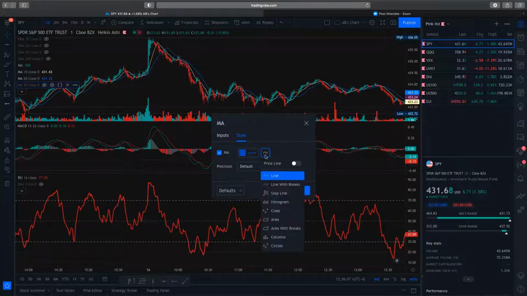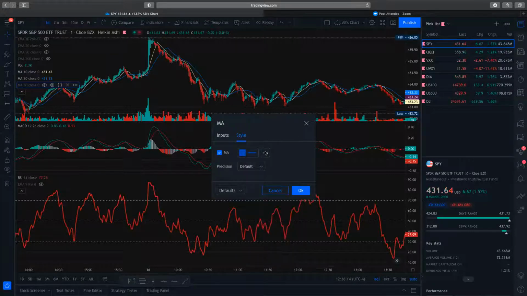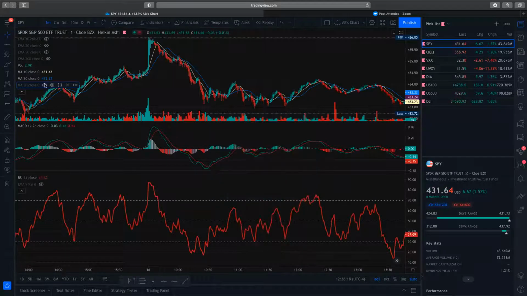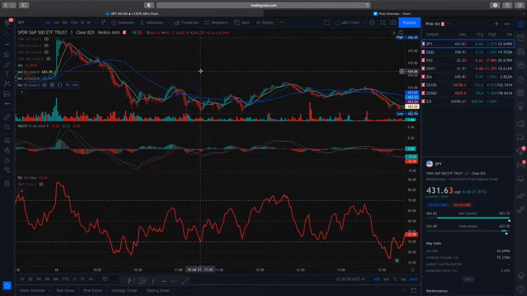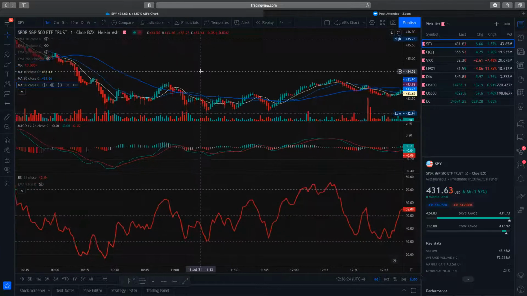And the 50 and 200, if you guys notice, I like to make them a little thicker just so you can see them. I think I've hidden this from myself on my chart. There we go. Yes, I love the Heikin Ashi candles. Love them, love them, love them.